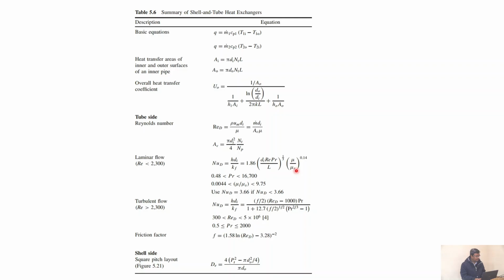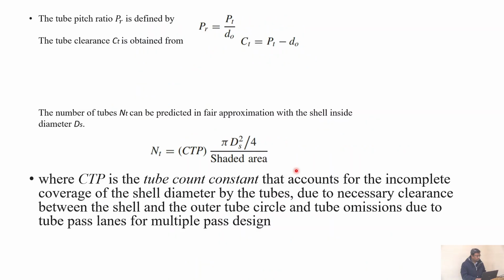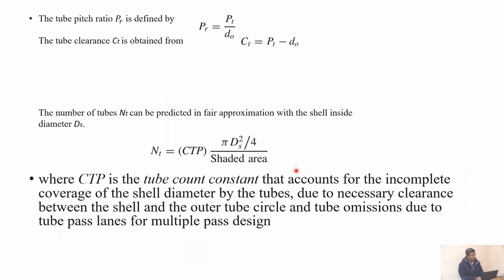There should be DI. Now there is a tube pitch ratio also, which is defined as PR, PT over DO. And CT we have also seen. CT is PT minus DO. So CT is called tube clearance.